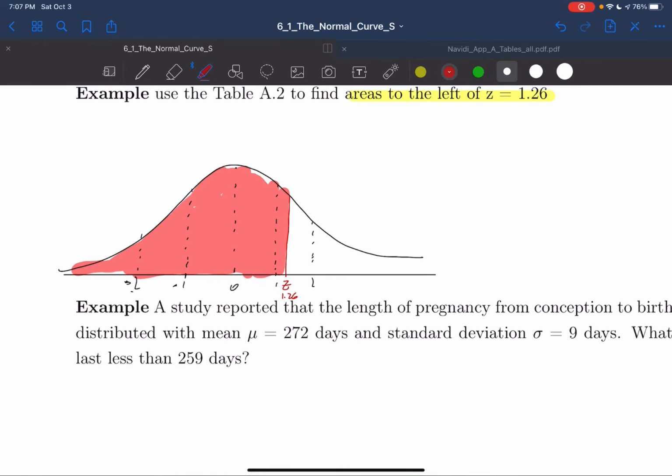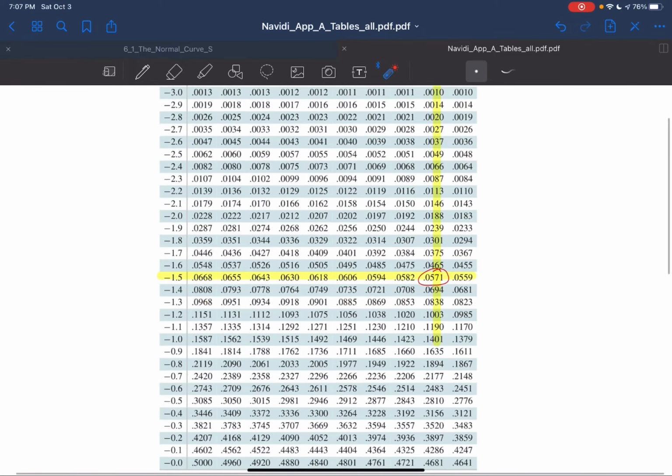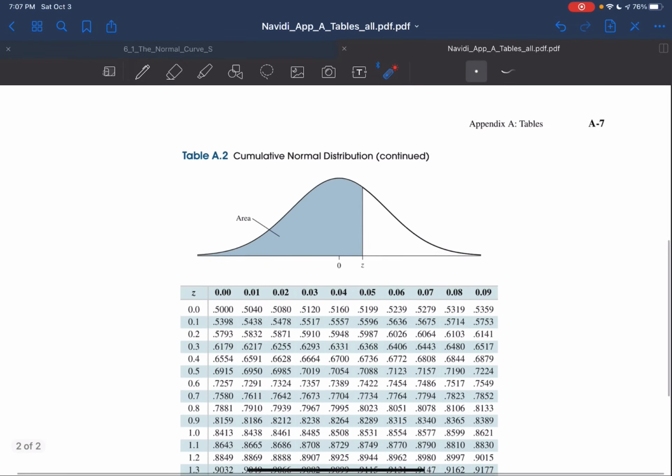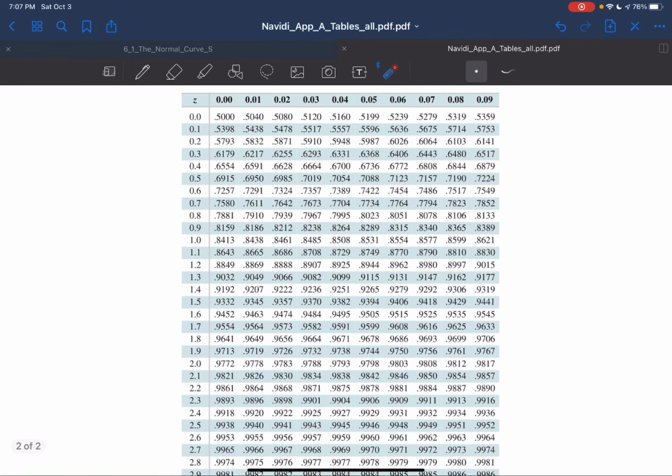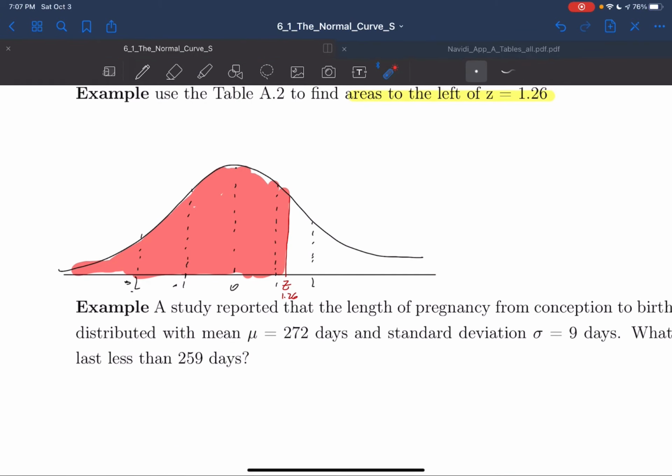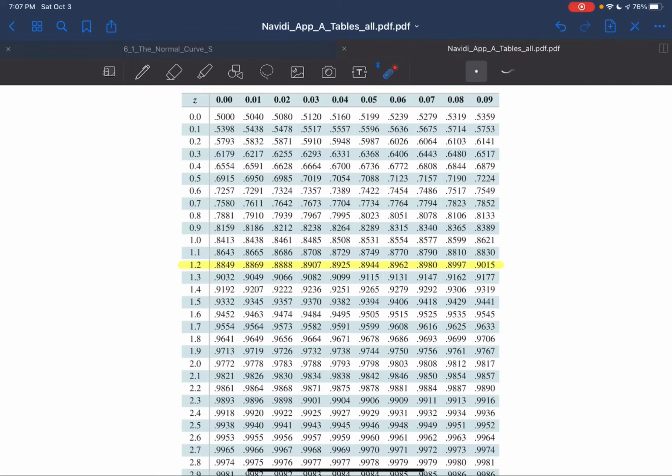So what we do is look at 1.2 first in our chart. We have to go to the positive side. So this is 1.2. And then we want to look at the 0.06 value, which is right here, the third value. So this is 0.06.